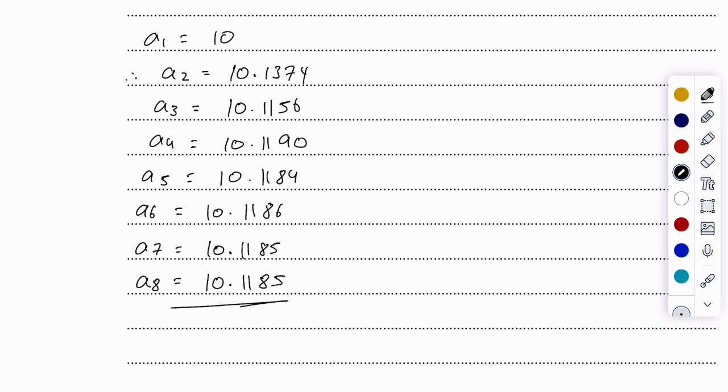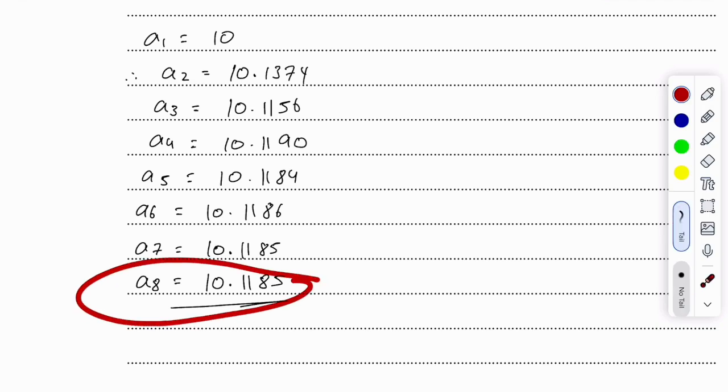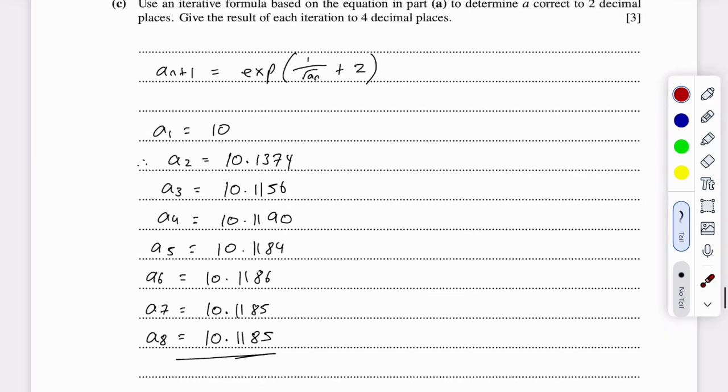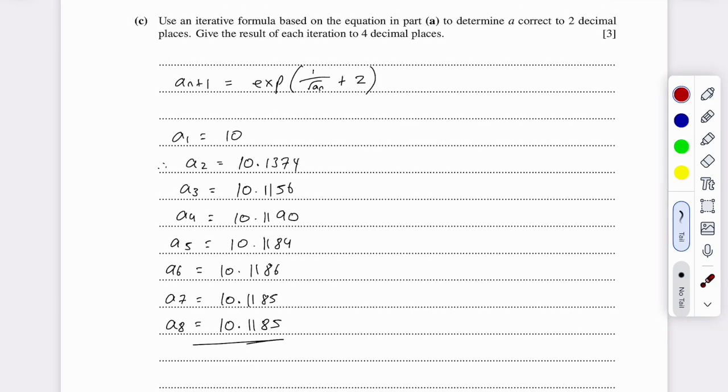Our iterations have kind of curved over, they've stopped. So therefore a8 is equal to 10.1185. Perfect. And that's the final answer to that question. Very simple, classic iteration question. This is a case of starting with a sensible estimate, plugging it in, and then just replugging.